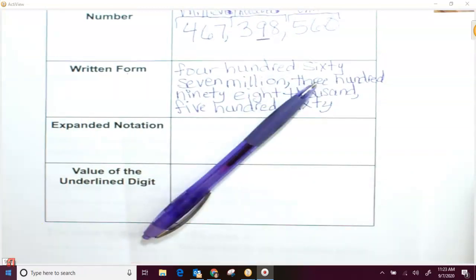Give me just 1 second. I'm going to see if I can change my brightness on this. Oh, wait, I see what happened. Hang on.